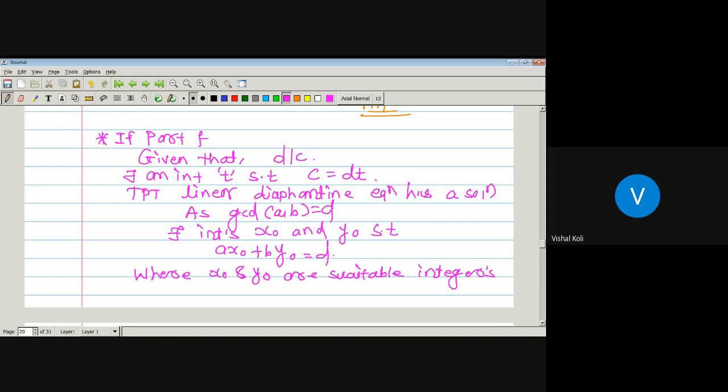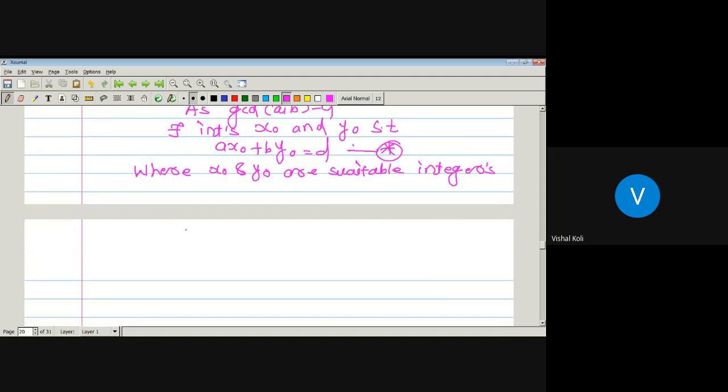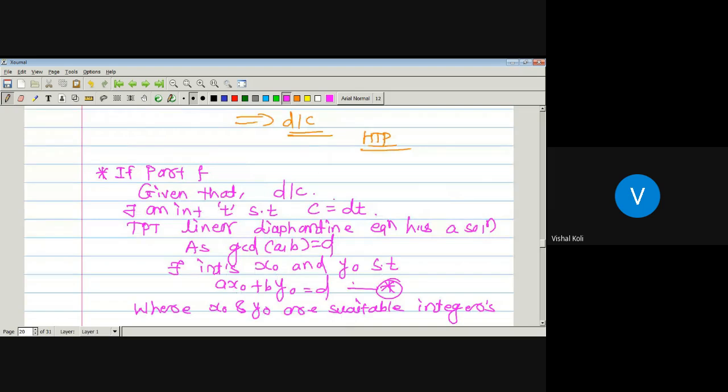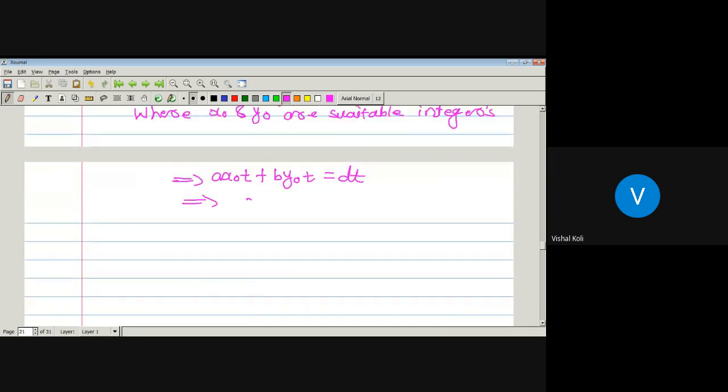Now multiply both sides of this equation star by t, we get a x0 t plus b y0 into t equal to d t. So what is the value of d t? From equation number 2, c. So c is nothing but a t x0 plus b t y0.